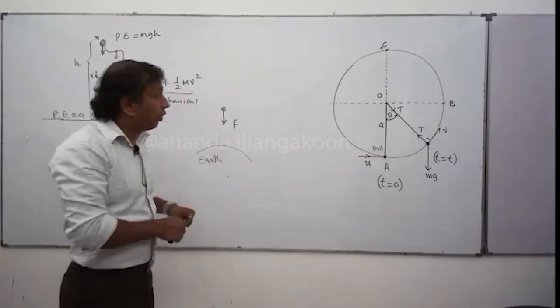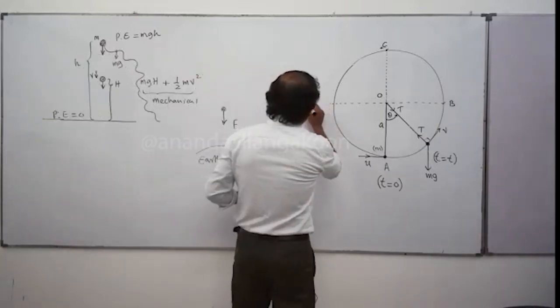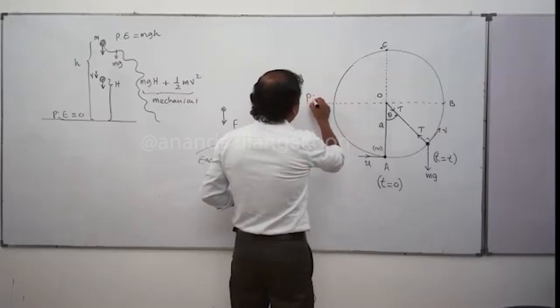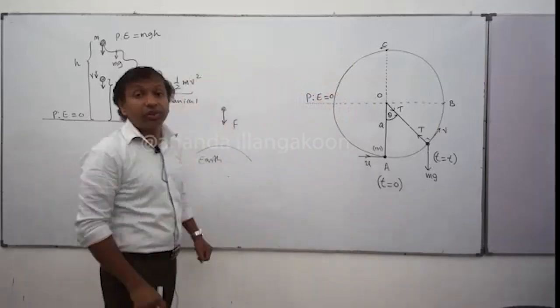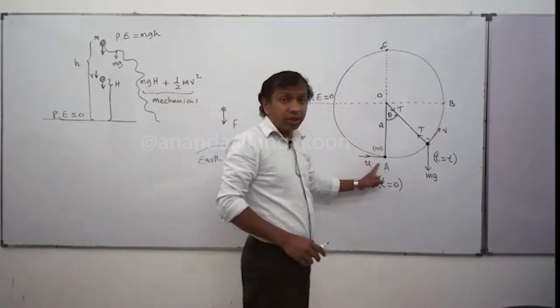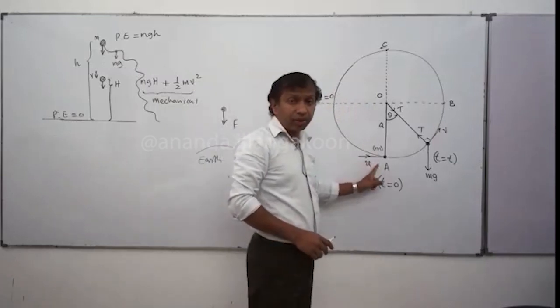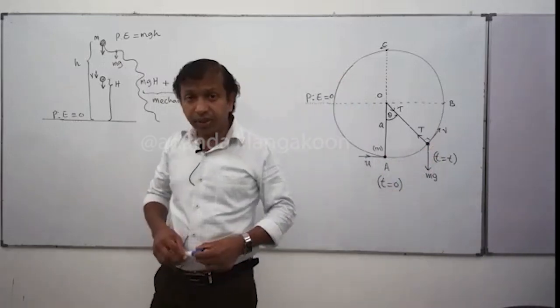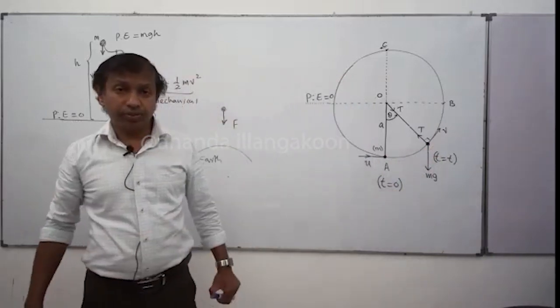That means, if we select this level as the potential energy zero level, at this moment the total mechanical energy of the particle and at this moment the total mechanical energy of the particle should be equal.